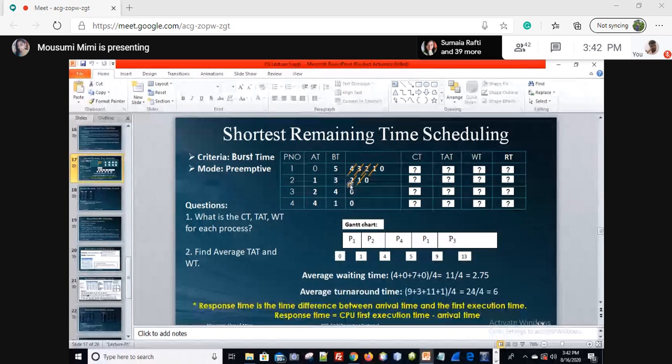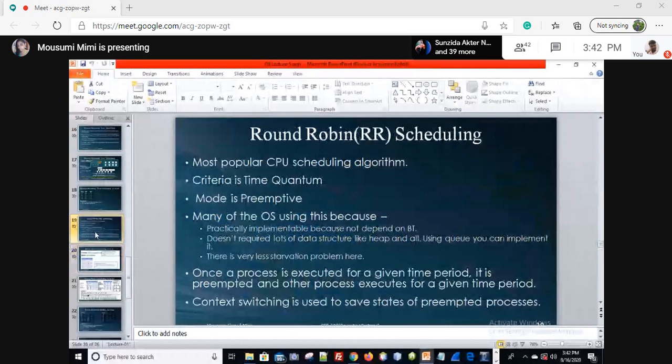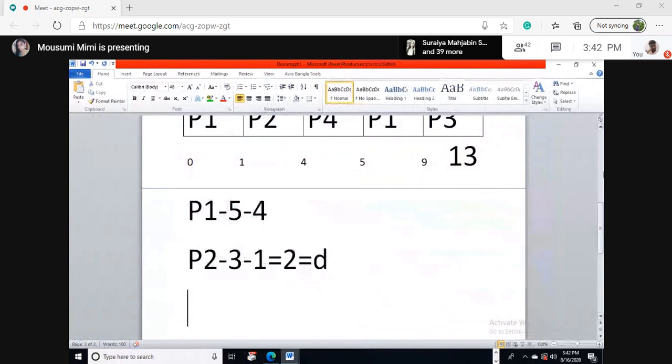But in round robin scheduling, it does not check which work is the smallest or which is the biggest. It always works according to the time. Now, let me first build the mathematical problem for you, then I will discuss it.